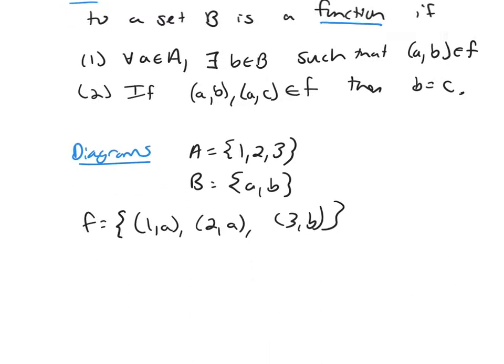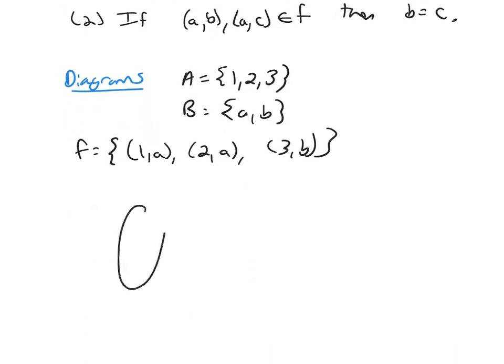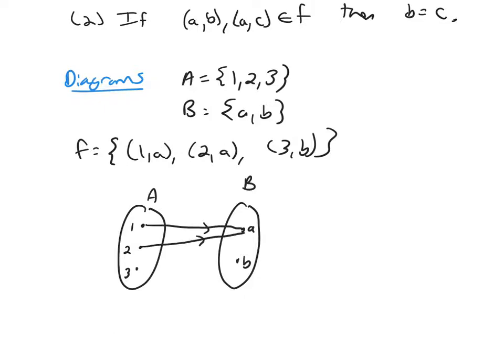We could represent this with a diagram where you have these ovals representing A and B, 1, 2, 3, and a and b, and then we have arrows that we draw. So here 1 is paired up with a, 2 gets paired up with a in our function, and 3 goes to b.